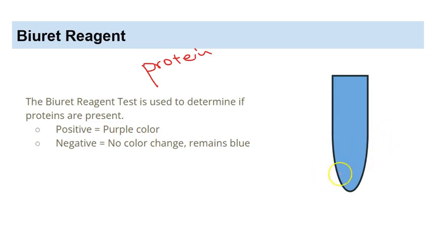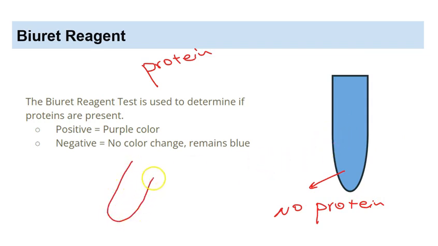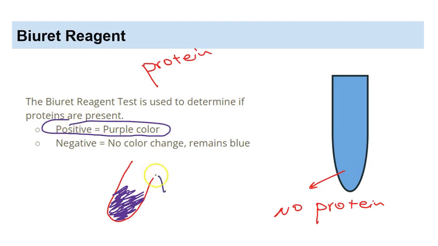It means there is no protein inside, so our biuret reagent stays blue. But if we have protein inside the solution, then we can see the purple color. So the purple color shows there is protein in our solution.